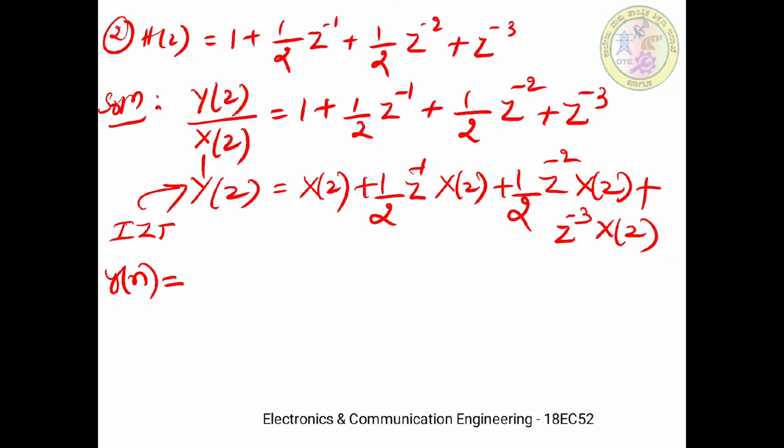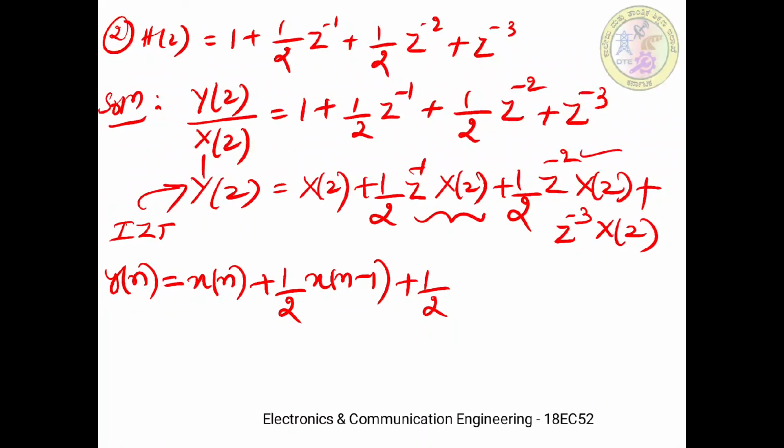So for this equation, y(n) is equal to x(n) plus 1 by 2. z inverse into X(z) is nothing but x(n minus 1), the delay, plus similarly the next term is going to give x(n minus 2), plus the last term is simply multiplied by 1, x(n minus 3). Okay, so now this is our equation 1.